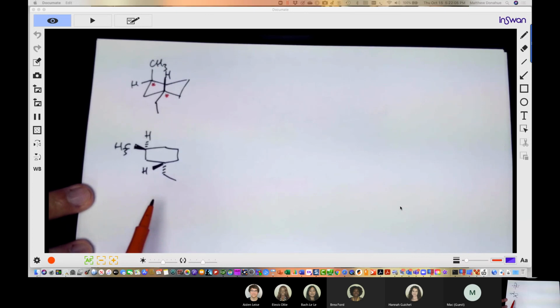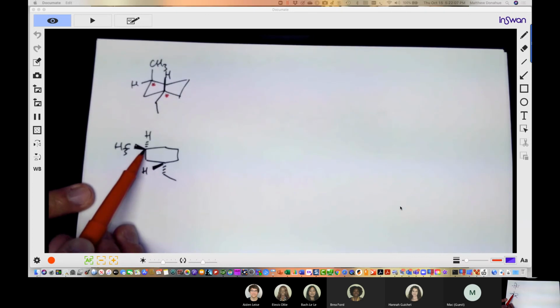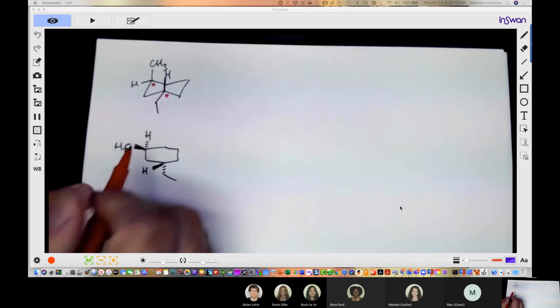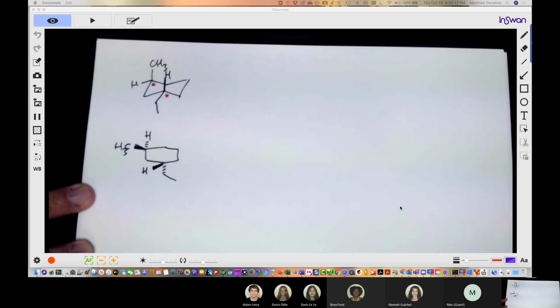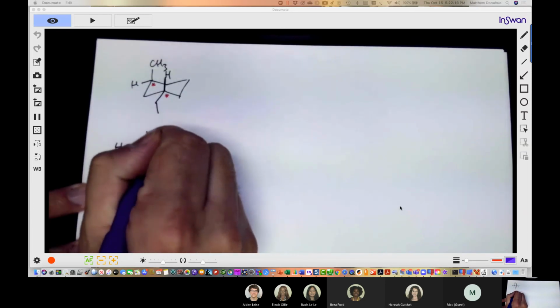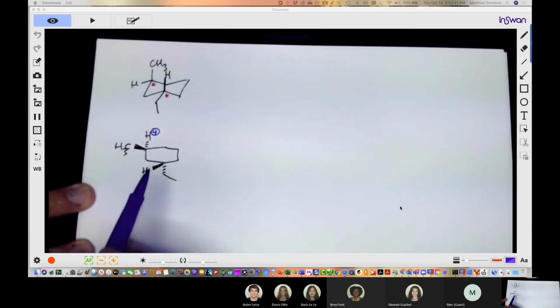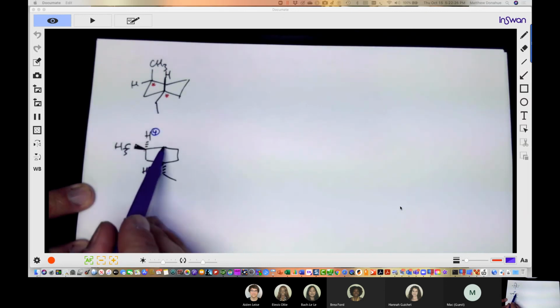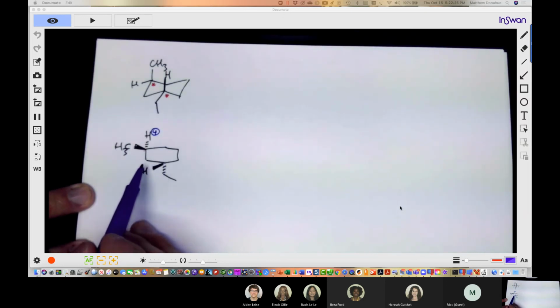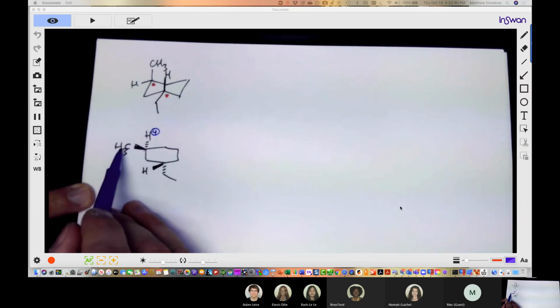So let's look at this one right here first. So we see that this one has a hydrogen on it. So that's going to be the lowest priority group. Then you have carbon, carbon, carbon. This has 3 hydrogens.